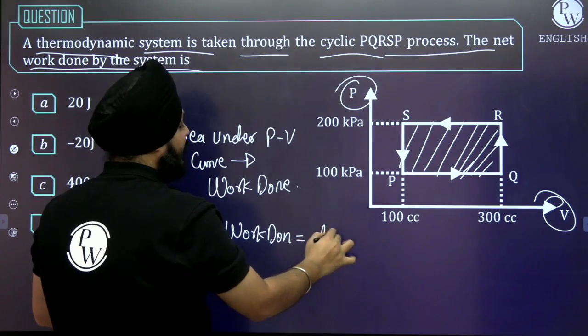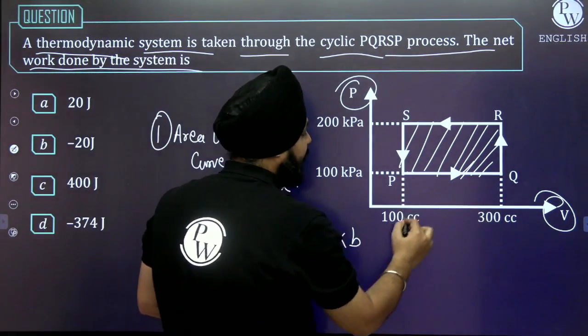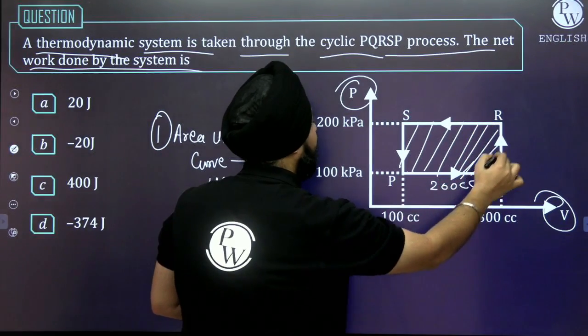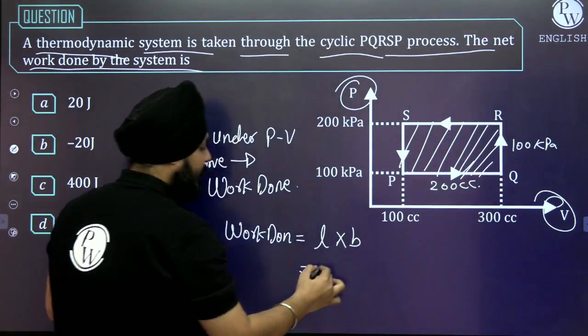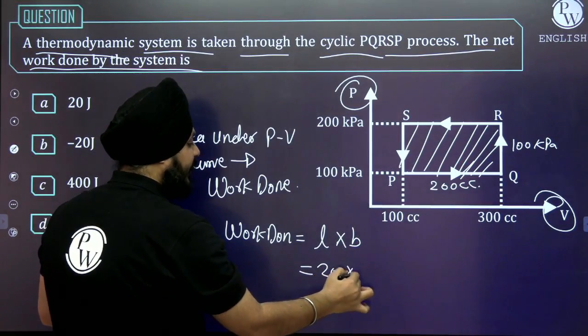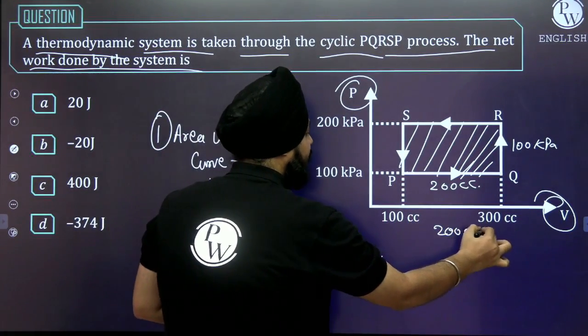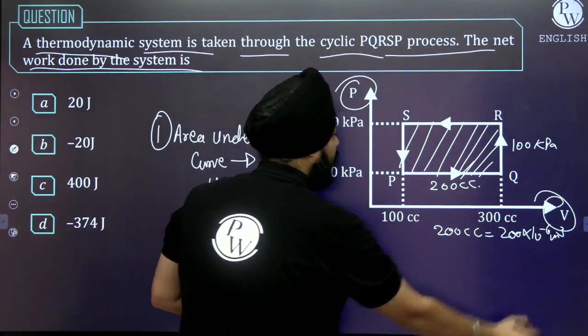It is a rectangle, so it will be length into breadth. This is 300 minus 100, 200 cc. This is 200 minus 100, that is 100 kilopascal. Converting 200 cc, that is equal to 200 into 10 to the power minus 6 meter cube.